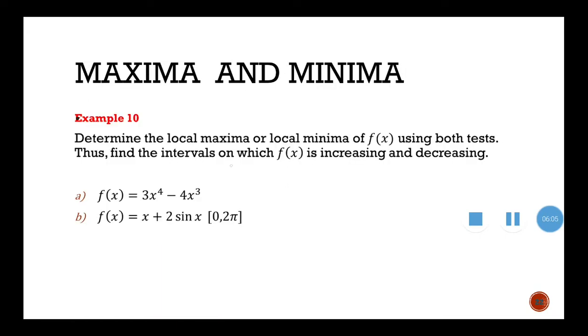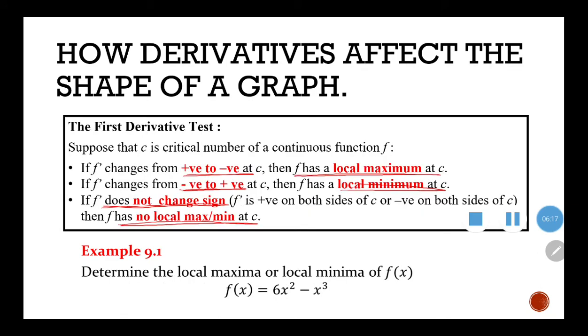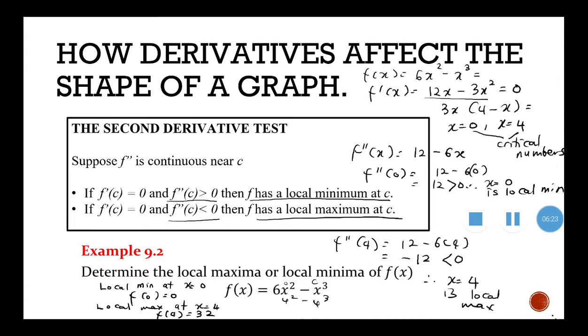Example 10 wants us to find the local maxima and local minima of f(x) using both tests. What are both tests? This is the first test and this is the second test.